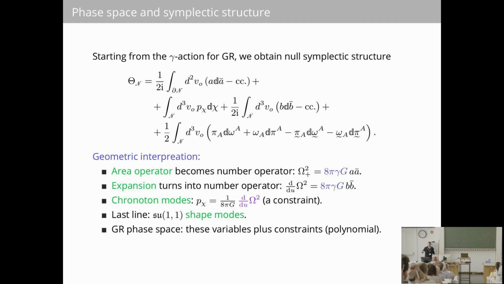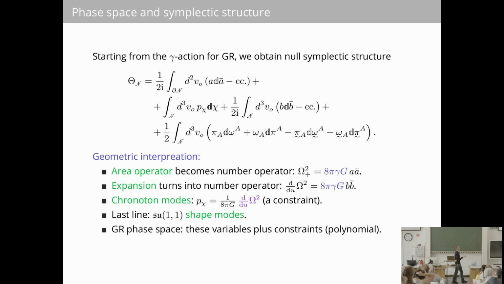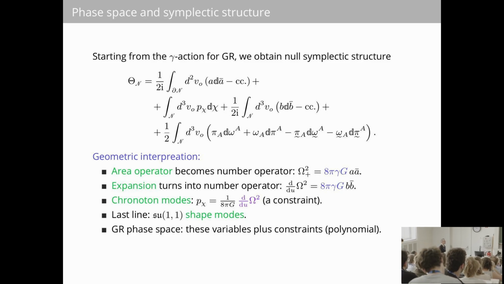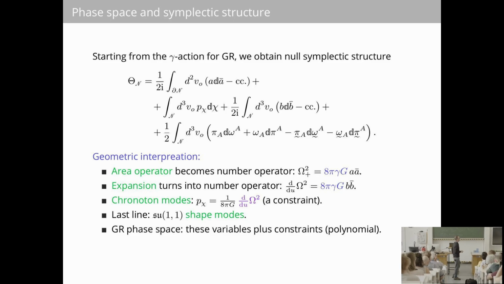And what is now interesting is that these fields, starting from the gravitational phase space, satisfy very simple Poisson bracket commutation relations. And starting from the Holst-Palatini action that we use in loop quantum gravity, these turn basically into sort of oscillators on the light cone. And so what happens now is quite intriguing.